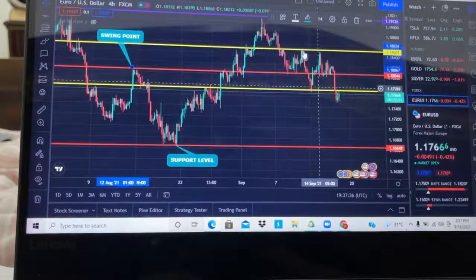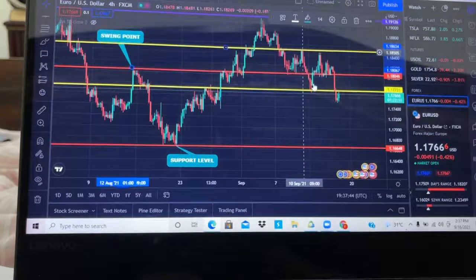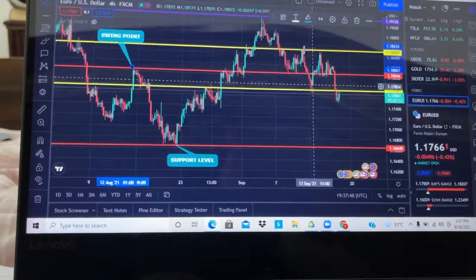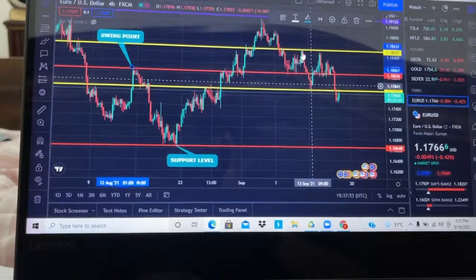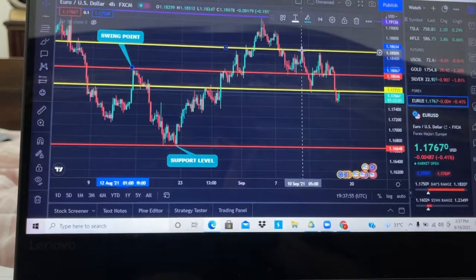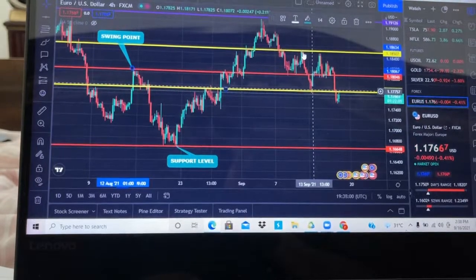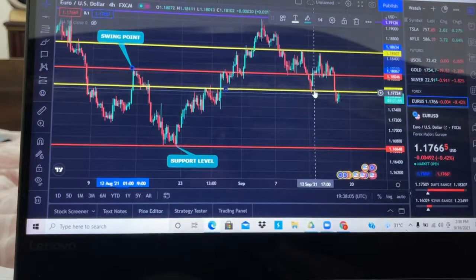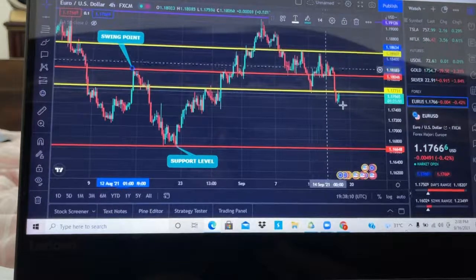So the market has its zone where it normally operates. What we're seeing right now is the current zone for Euro USD. A lot of traders are anticipating the swing points and the support levels. Right? So we can also use this information, or we can stick with the principle to do 50 pips the most.